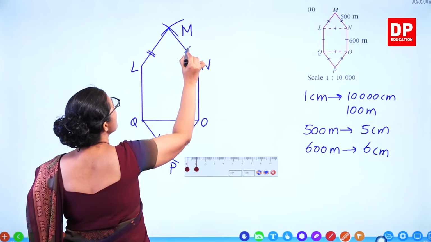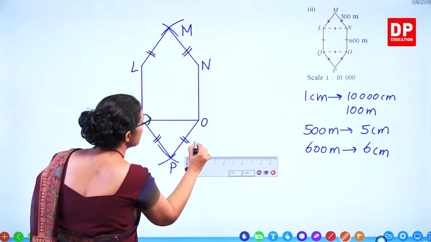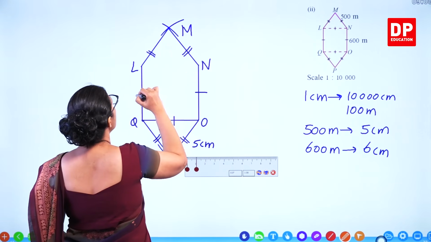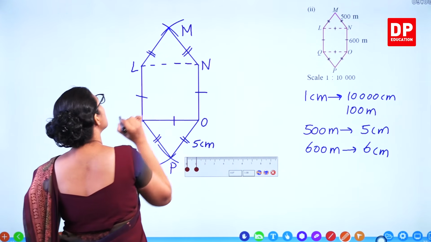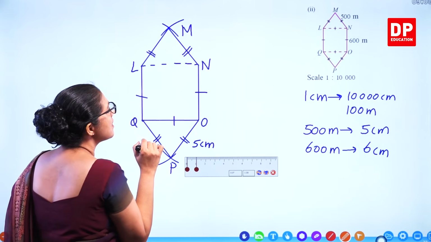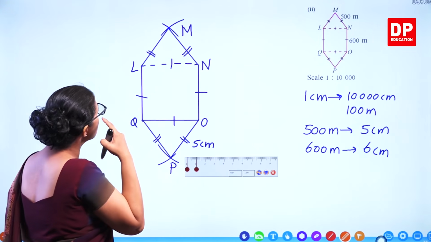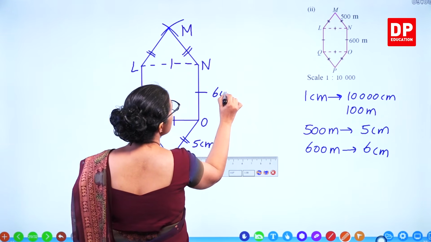This is also the same. And you can write this is 5 centimeter length. All these lengths are equal here. Here we can draw a line here like this. That's also the same. All sides are equal. That's 600 meters means 6 centimeters.